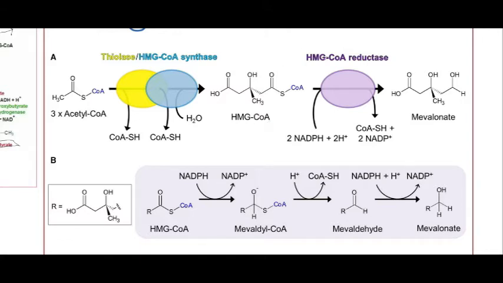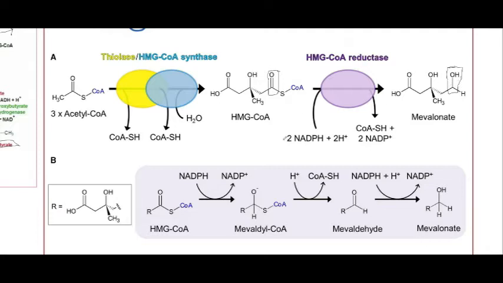And then our HMG-CoA reductase is taking this carbon right here and reducing it from a ketone into this alcohol here, this primary alcohol.